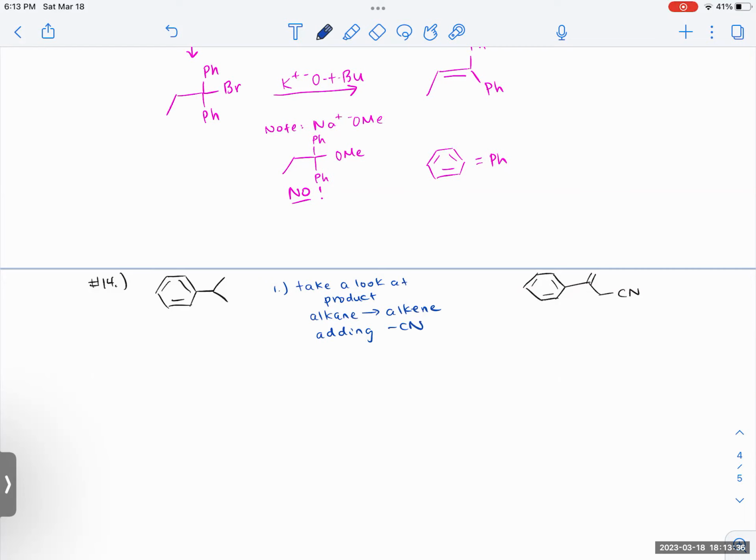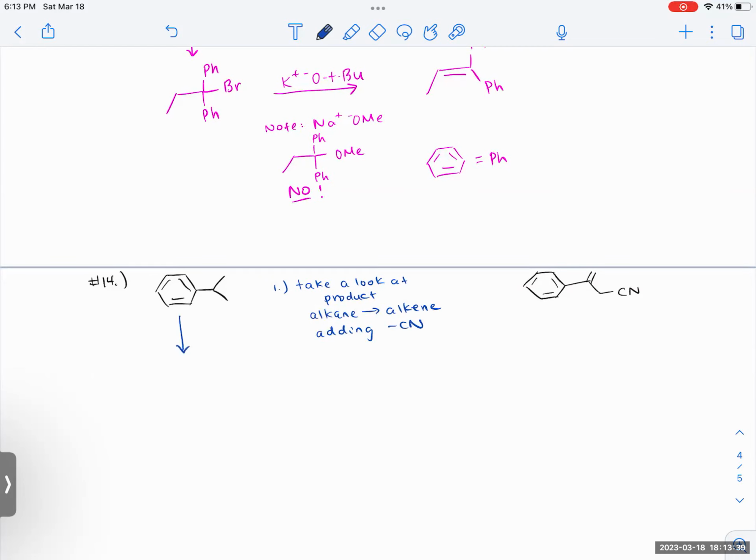So what is our favorite first step? NBS and light. Because why not? So we're going to throw an NBS and light on there, which is going to give us a bromine right there, which happens to be in perfect position for a double bond, right?